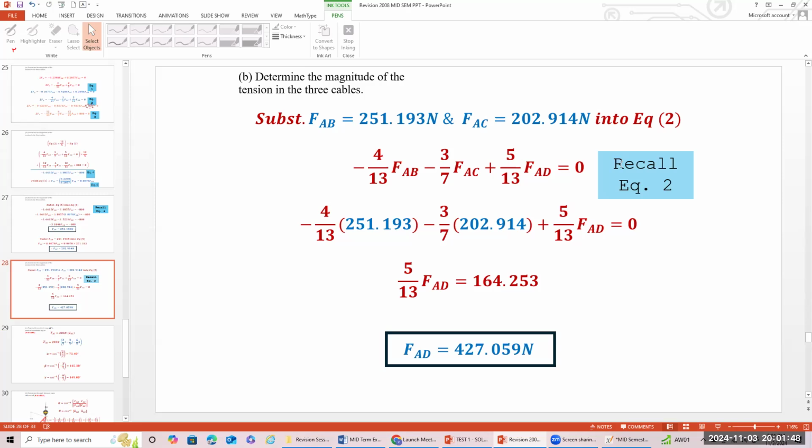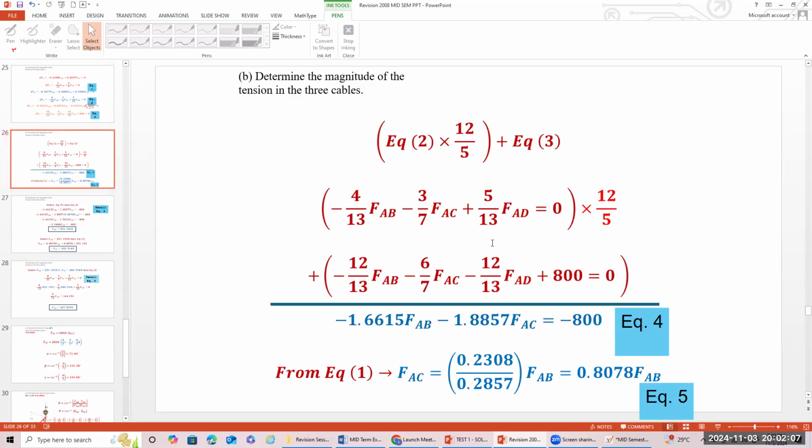One of those equations has AD, and I think you had AD in number 2, right? Whichever one has AD, you just substitute AB and AC in it, and you'll get the last value.